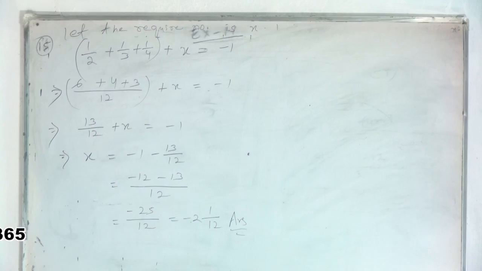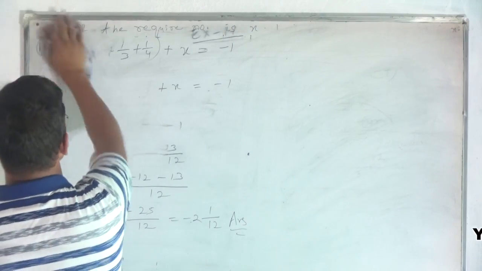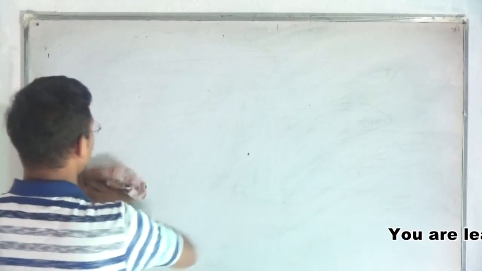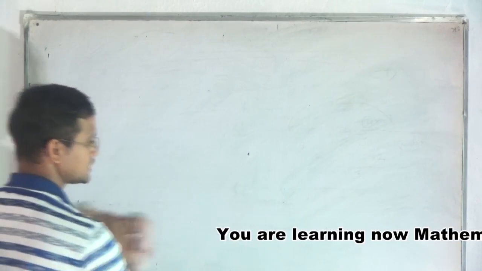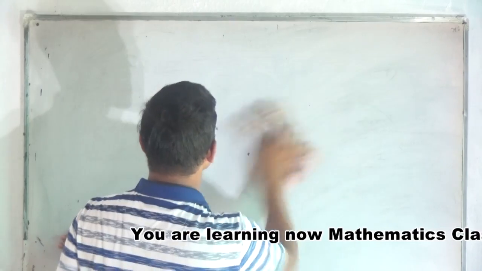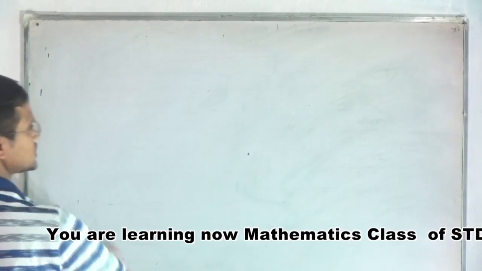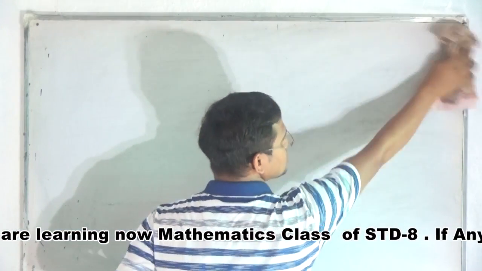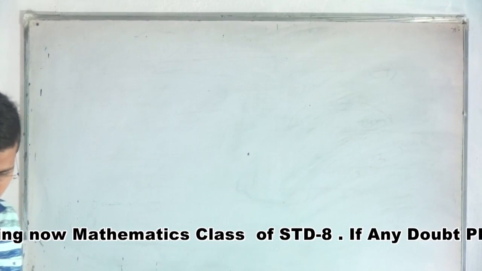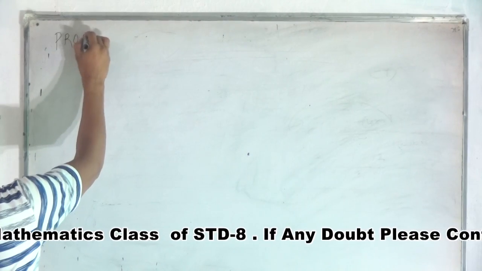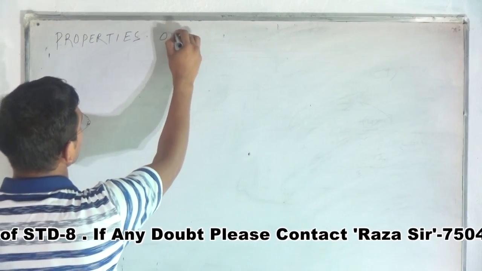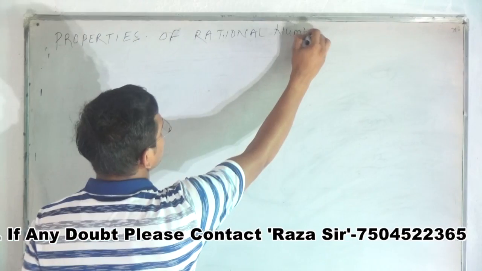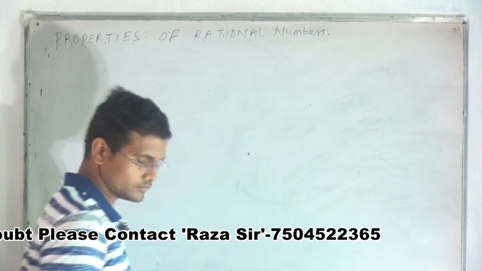Okay, next we have to discuss new things: properties of rational numbers. Addition of rational numbers, subtraction of rational numbers, multiplication of rational numbers and division of rational numbers. Properties of rational numbers.